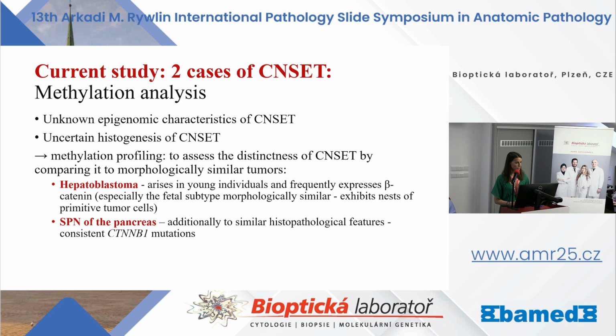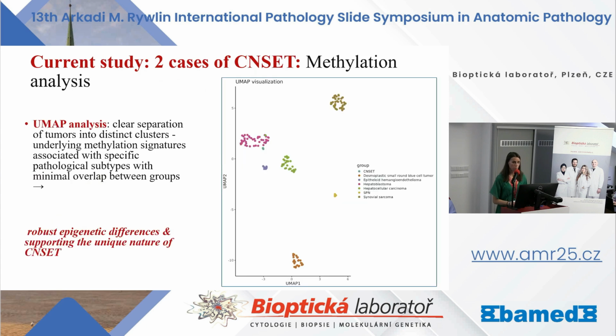We included this case together with other entities occurring in the liver, especially in young categories of patients, to make the methylation more reliable, and here are the results. These are so far unpublished observations, but hopefully it will be published soon, accepted somewhere.